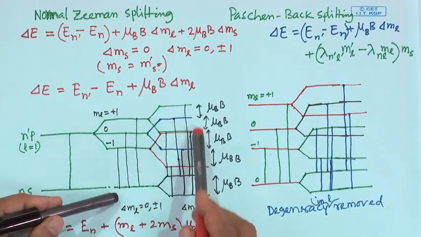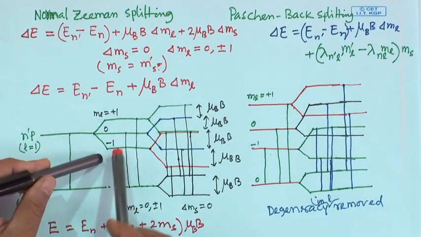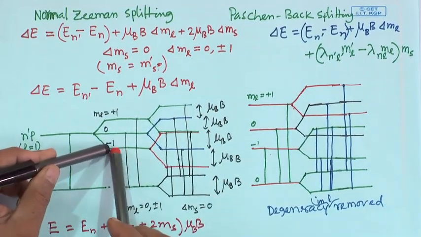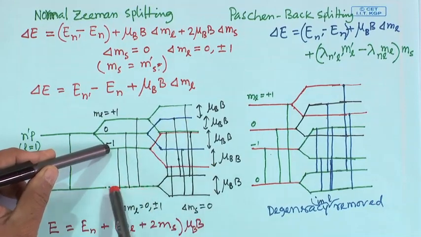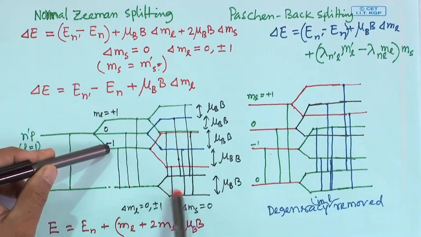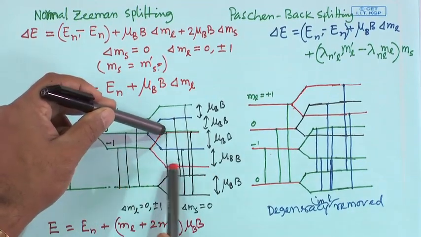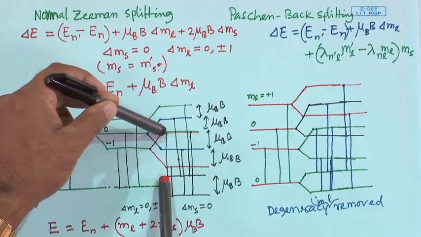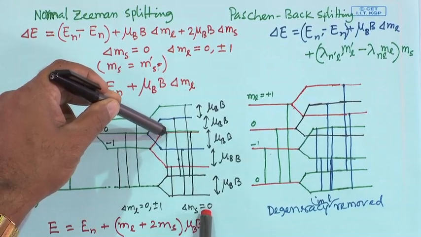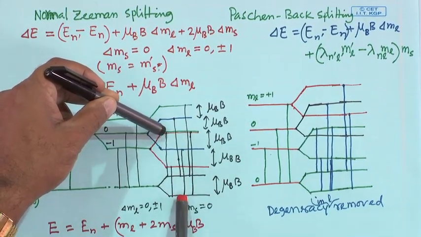Now, if I consider ms, del ms equal to 0, then for each line, if we consider this line, it now has 2 energy levels, and here also it has 2 energy levels. Now, we consider these lines. So, from here to here it is allowed, del ms has to be 0, but here to here it is not allowed.